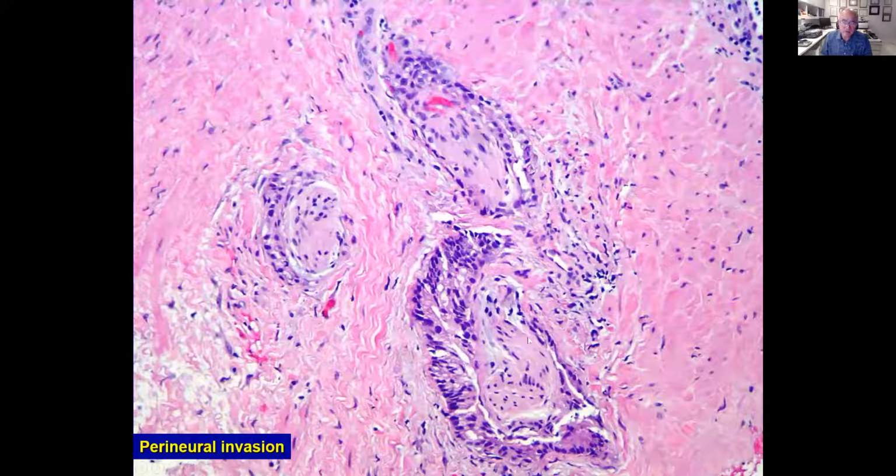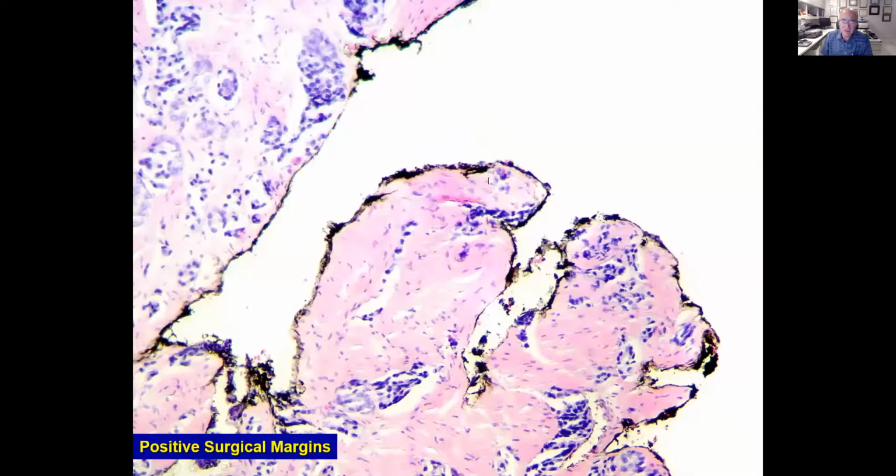And here's another case of perineural invasion where the tumor is in really intimate contact with the nerve, surrounding it. The other aspect important to consider is the margins, and this starts with the way that you gross the specimen, with a good inking and a differentiation of the areas of surgical resection.